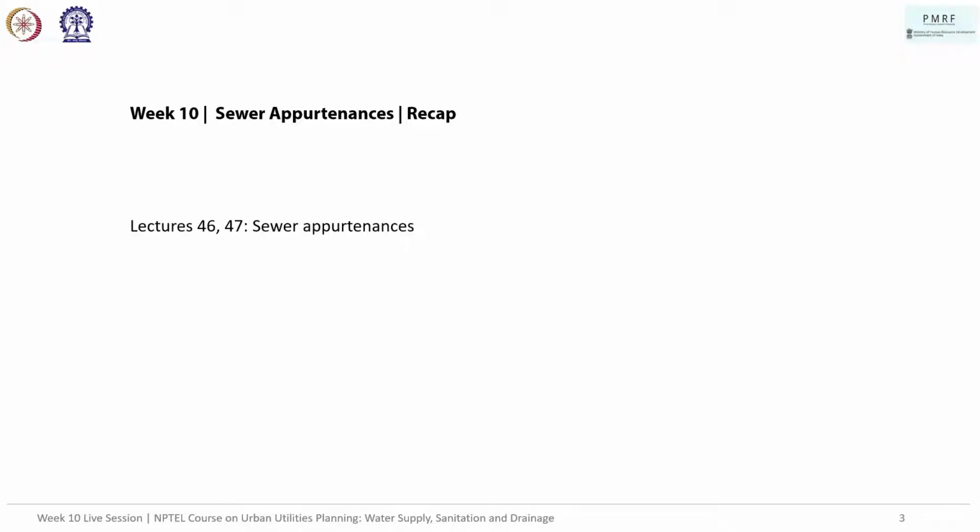So the first two lectures were an introduction to the types of sewer appurtenances usually employed, including manholes, drop manholes, flushing manholes, sand, silt and oil traps, gutters and inlets, culverts, inverted siphons, overflow systems, and pumping stations, some of which we also saw in the previous lecture.